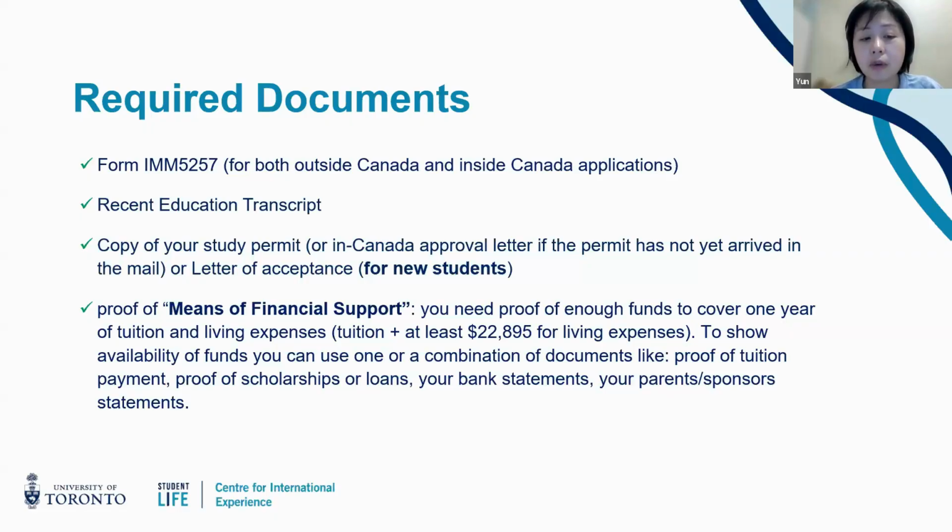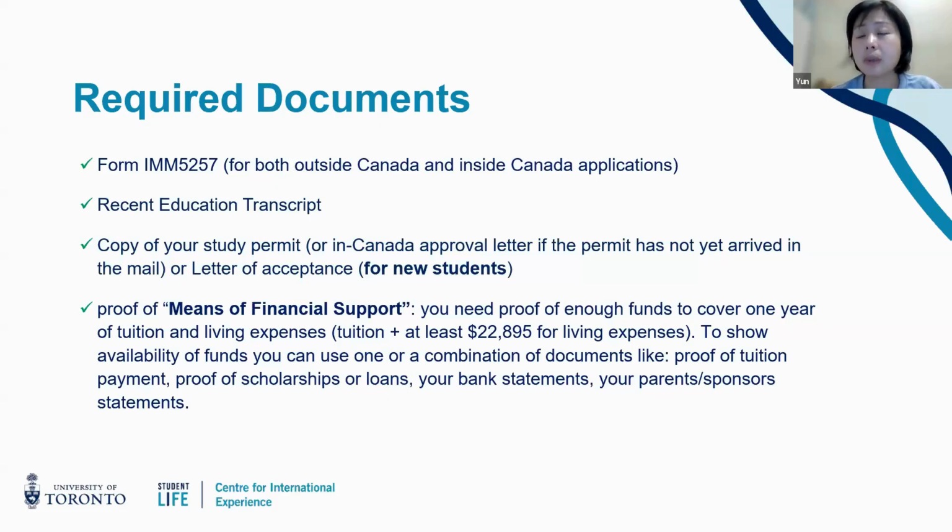The requirement for means of financial support is almost the same as a study permit application. You need to be able to show that you can cover your tuition and your living expenses here. You should be able to provide supporting documents that prove that you have access to that money, and also that the source of income is reliable and stable.